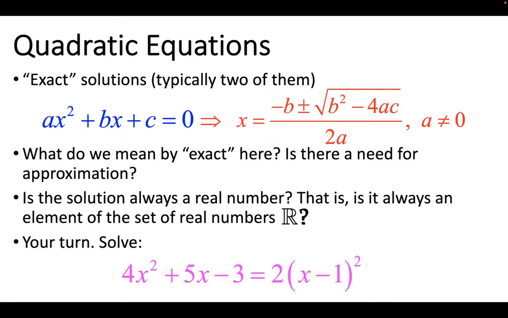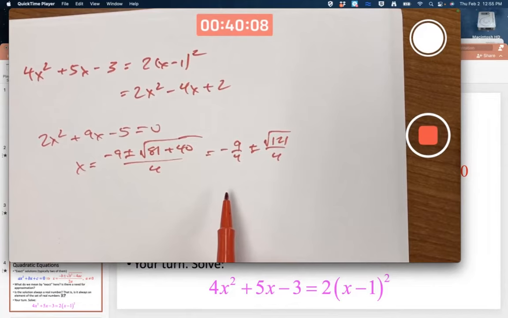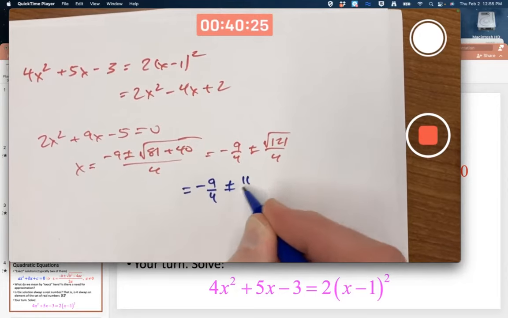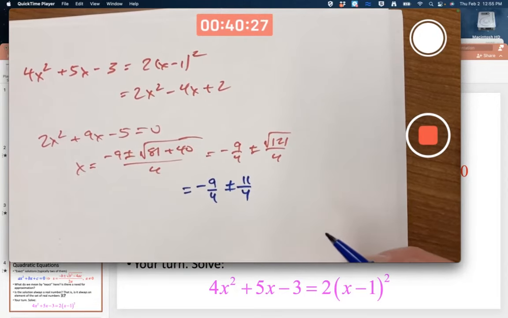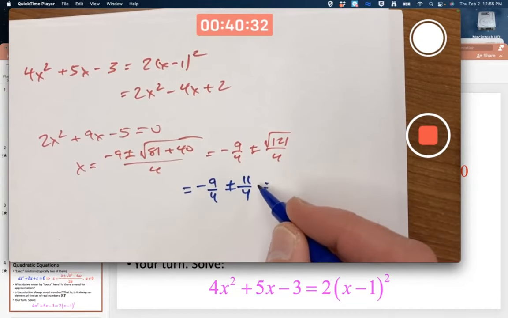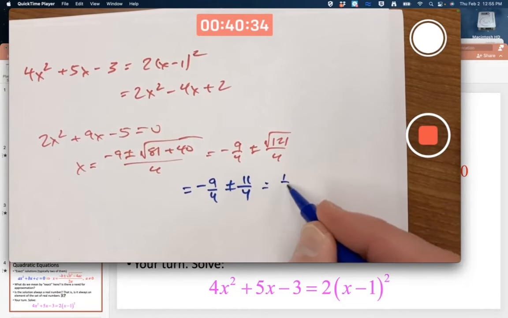Okay, your turn. Solve that one. Does that look right to people? Oh, and I didn't even notice it. Square root of 121. That's a perfect square, right? 11 squared. I didn't mean for that to happen. Negative 9 plus 11 is 2. 2 over 4 is 1/2.